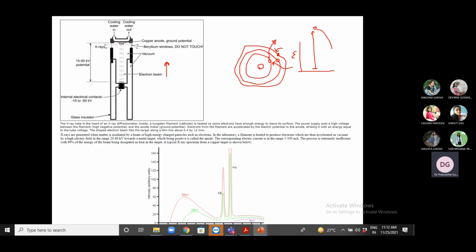So when it falls, what is going to happen? It will release an energy which is extremely high. Extremely high energy means extremely low wavelength. Energy is equal to h nu by the law of physics. Nu is the frequency, or h c by wavelength, where c is the speed of light.